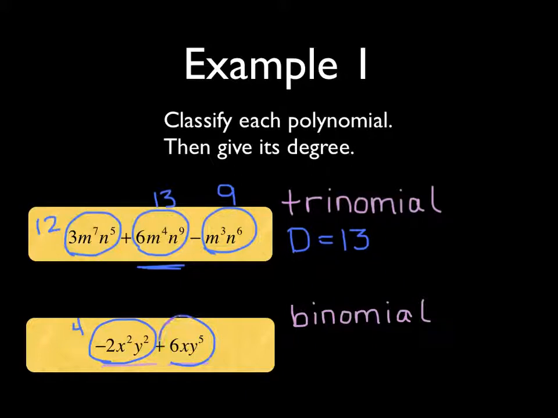What's my total degree here? 6. Good. Where are you getting 6 from? Yeah, that x really has a 1 on it. Don't forget that. So 5 and 1 makes 6. So we would say our degree is equal to 6. And if I wanted to write this in standard form, I would do this term first and then this term. Okay? Does that make sense with degree?